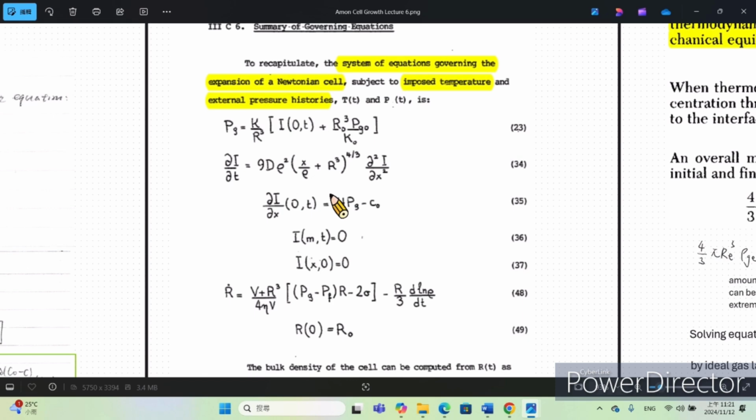Let's quickly summarize here. Eventually, these are the 3 equations we need to solve simultaneously: 1, 2, and 3. This is a summary of the system. But now, one step further, I need to convert the diffusion equation.